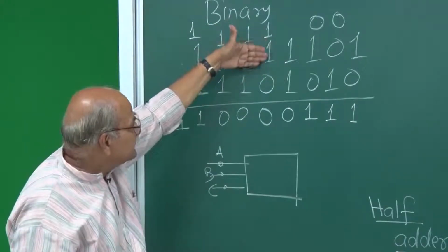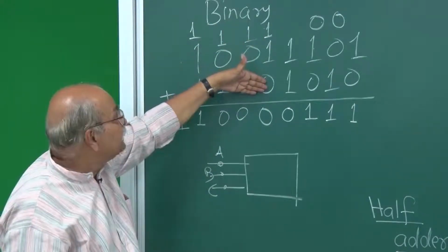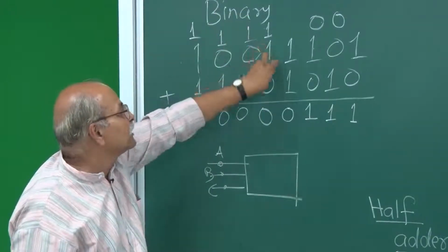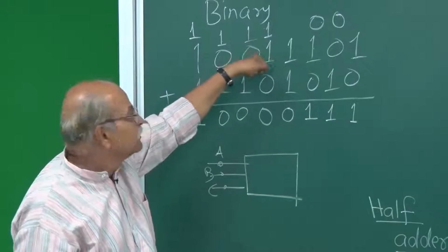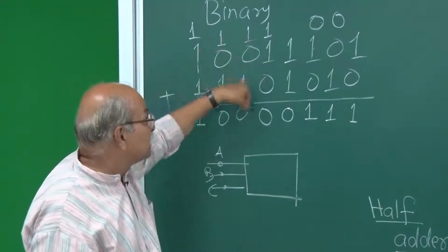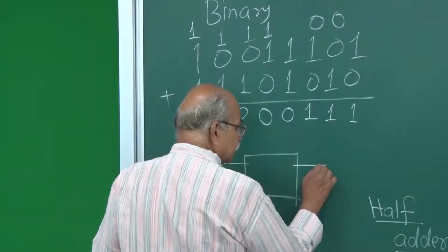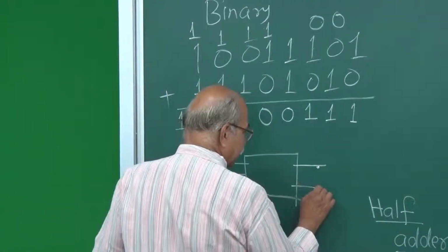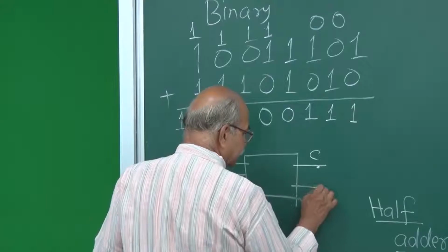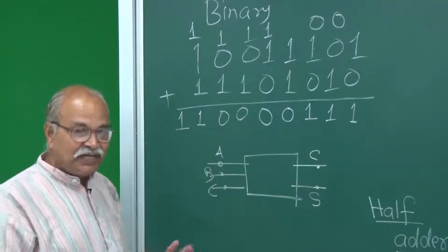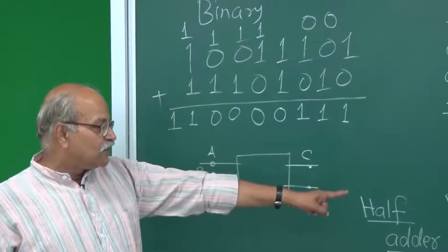So there are 3 inputs, and then I need the final sum and final carry. I don't want to remember in between what happened and carry in my mind also. So if I have this kind of circuit designed, and I need the final carry and the final sum, you can make your truth table.